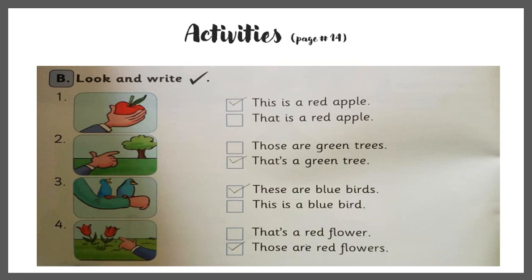And in the next picture the boy is pointing out the tree that is far from him, so that's a green tree. Next are the two birds, so we will use these are blue birds. In the fourth picture there are 2 flowers, so those are red flowers.